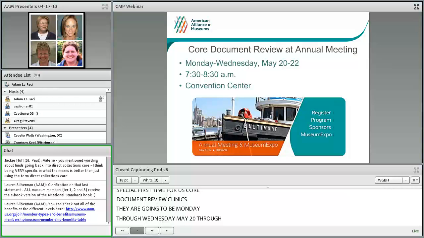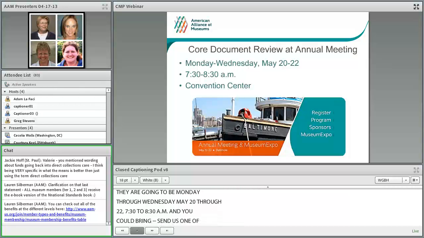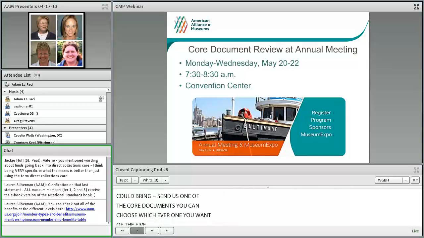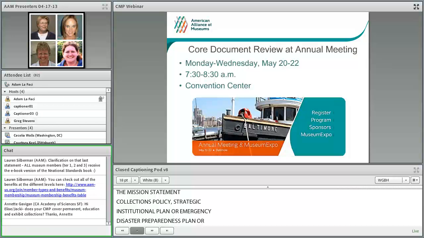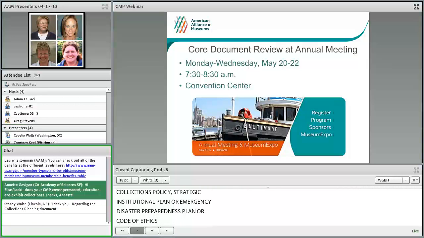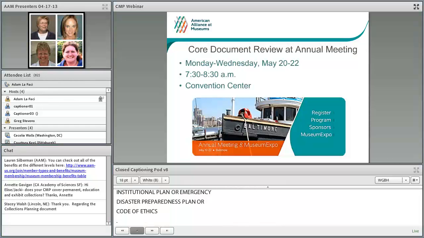You can choose whichever one you want of the 5: the mission statement, collections policy, strategic institutional plan, emergency disaster preparedness plan, or code of ethics. We will have expert reviewers, experienced peer reviewers who will review the document and then give you in-person feedback. So if you're coming to the annual meeting, we welcome you to sign up for one of these review clinics.